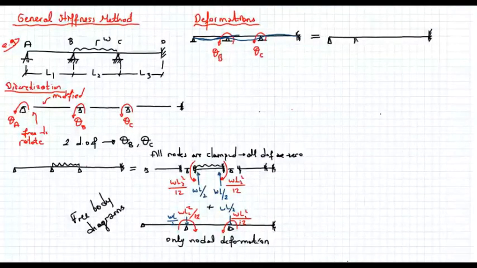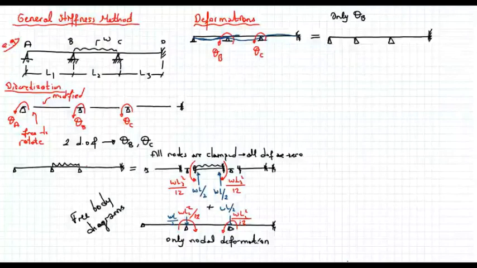plus, pin, pin. So the first case is only theta b. How will the deformed shape look if I have only rotation at b? So let's sketch it. So I have theta b here in the counterclockwise direction.